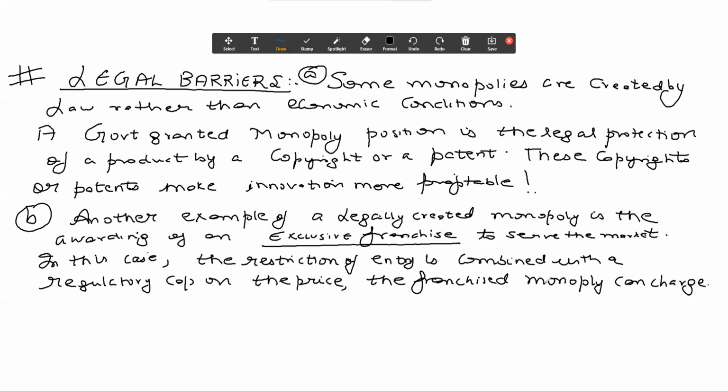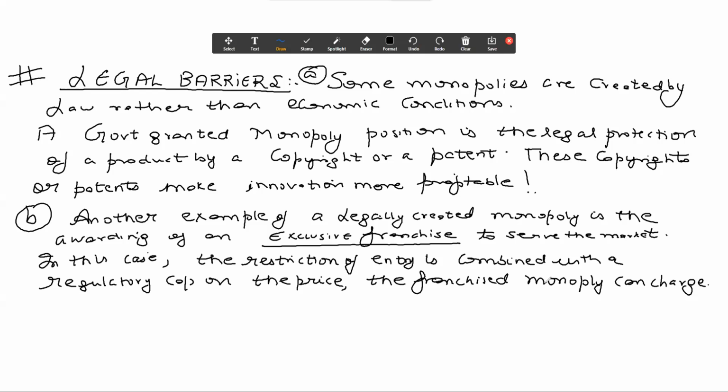Franchise monopolies, or what I can say, the government created monopolies, do not have the freedom to charge any price. Government created monopolies will charge the price which the government wants them to charge. So the government will fix a regulatory cap. The franchised monopolist cannot charge a price above that price.